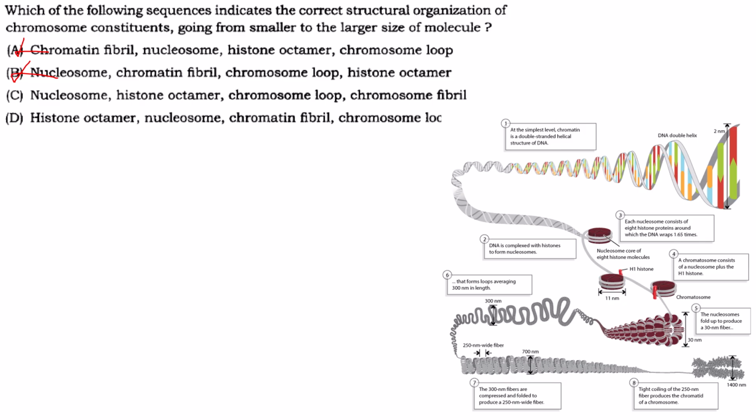Nucleosome and histone octamer, no, histone octamer forms, then only nucleosome forms. So C is also not correct. D, if you see histone octamer, yes, then nucleosome, yes, then chromatin fibril, yes, then chromosome loop, yes. So D is the answer.